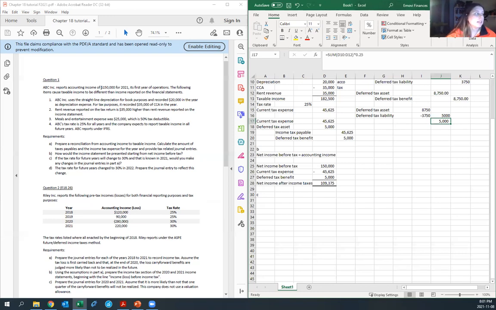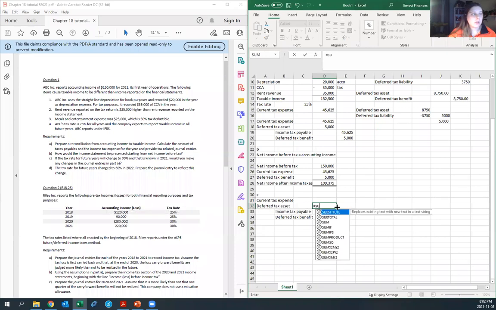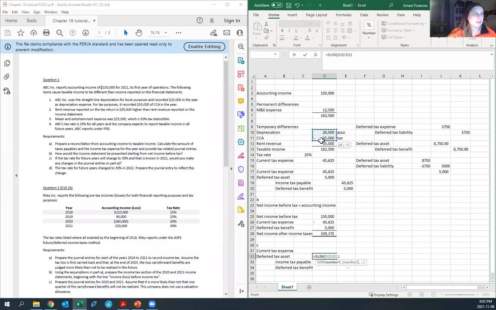So since you know in 2021, instead of putting your deferred tax asset as $5,000, so it's 20,000, I think, times 25%, you're going to want to set it up as, I'm not going to do that here, I'm just going to copy this here. So you're going to want to set it up as the sum of your temporary differences times 30%.